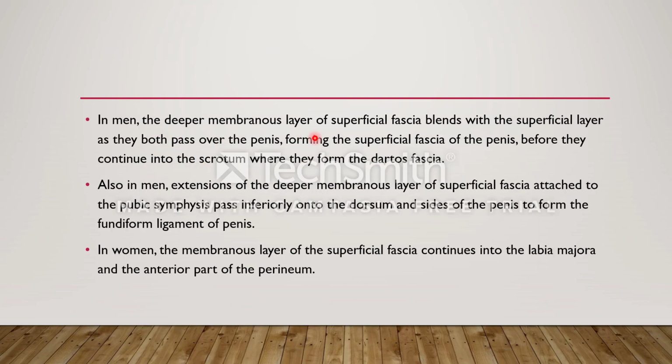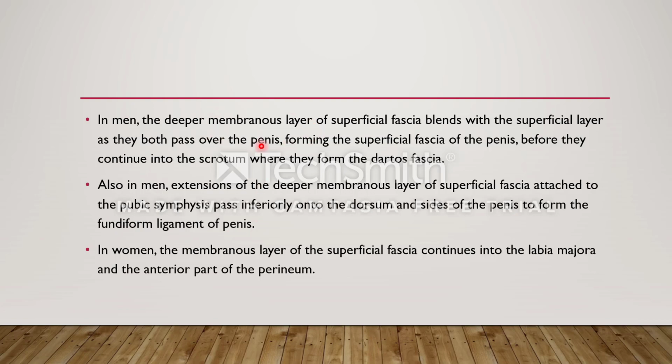In men, the deeper membranous layer of the superficial fascia blends with the superficial layer as they both pass over the penis, forming the superficial fascia of the penis before they continue into the scrotum, where they form the dartos fascia. Also in men, the extensions of the deep membranous layer of the superficial fascia attached to the pubic symphysis pass inferiorly onto the dorsum and the side of the penis to form the fundiform ligament of the penis.